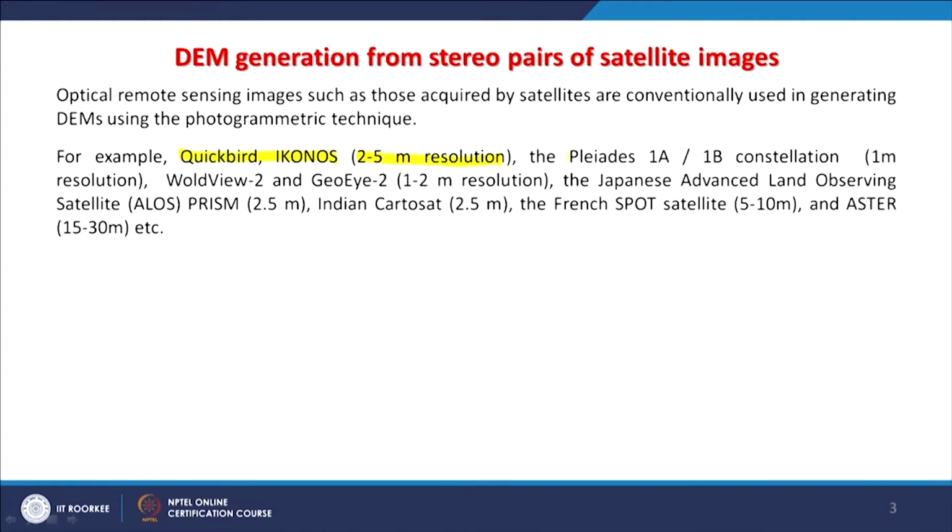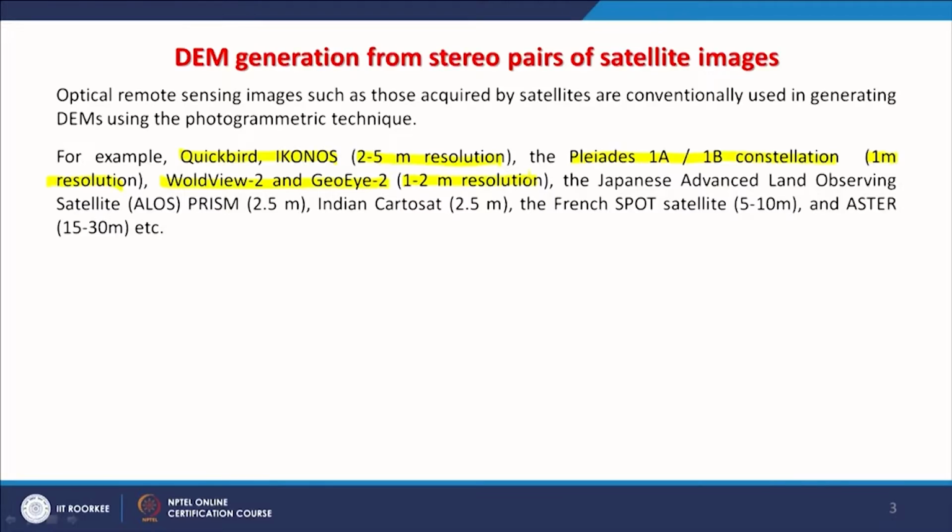Now, the Pleiades 1A and 1B constellation allows us to generate 1 meter resolution, but it is currently very expensive data. WorldView 2 and GeoEye 2 also allow us to generate digital elevation models at 1 to 2 meters.